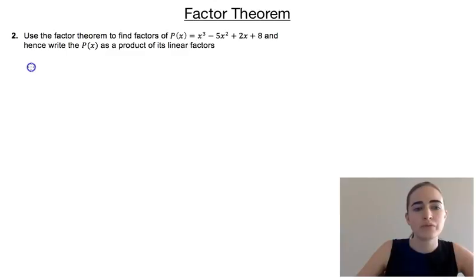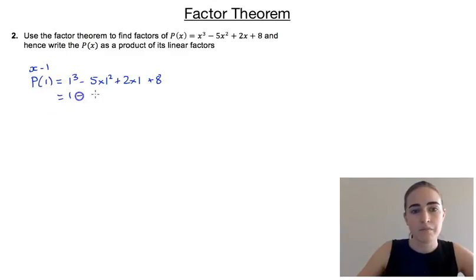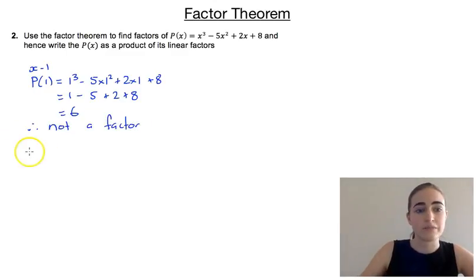So for example, if we wanted to check whether x minus 1 is a factor first, we'd test p of 1, and we're going to substitute 1 in here. So we'd have 1 cubed minus 5 times 1 squared plus 2 times 1 plus 8, which gives us 1 minus 5 plus 2 plus 8, should give us 6. So therefore, it's not a factor. So that one didn't help us. Let's try something else.